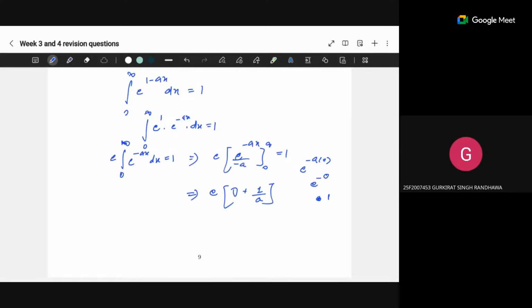So this equals 1. Now this is e by a equals 1. Now a equals to what? e.